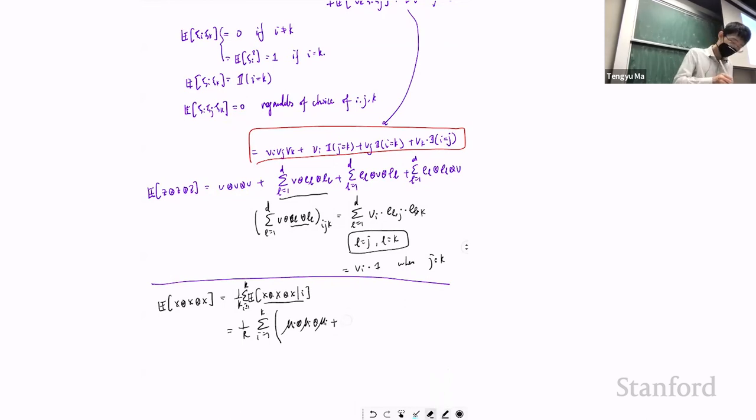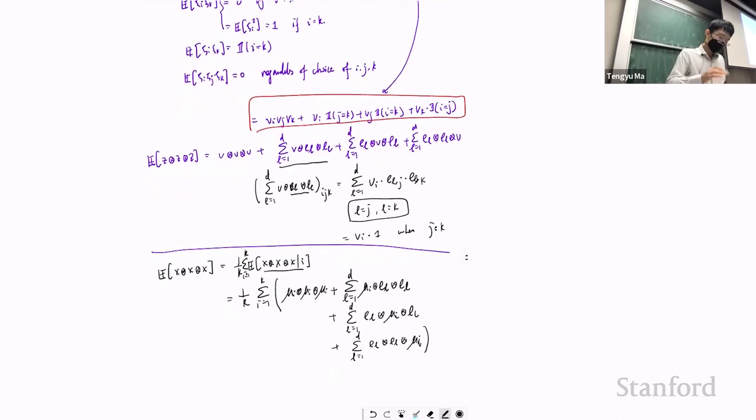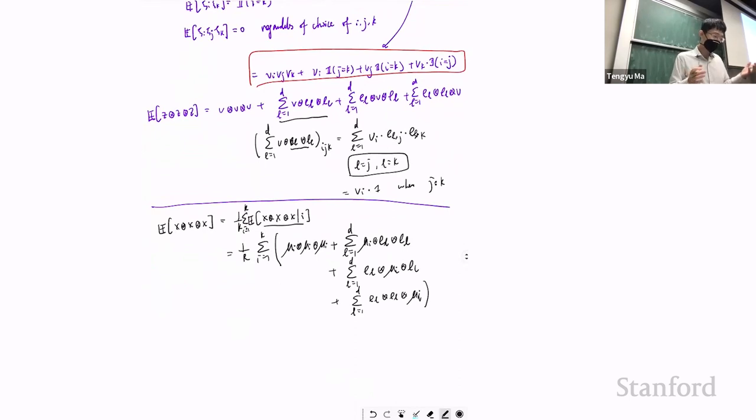And then you have the additional three terms: mu_i tensor E_L tensor E_L, plus E_L tensor mu_i tensor E_L, plus E_L tensor E_L tensor mu_i. So basically the third moment of x is a function of the mu_i's.